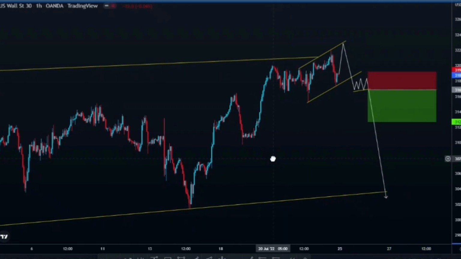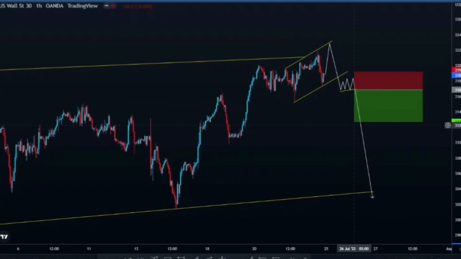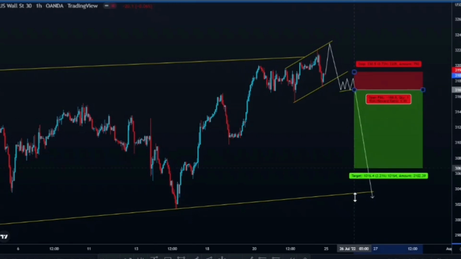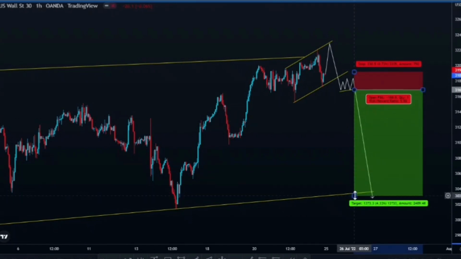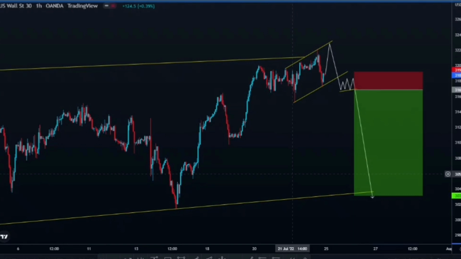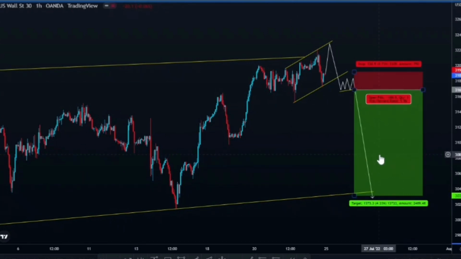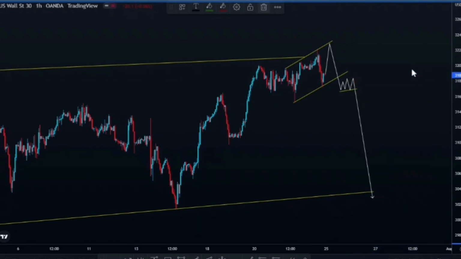Let me just do this. Then we are looking at 5.96% over here. See, it's still something else. So US30 for selling opportunities, this is the first scenario that I have with US30.